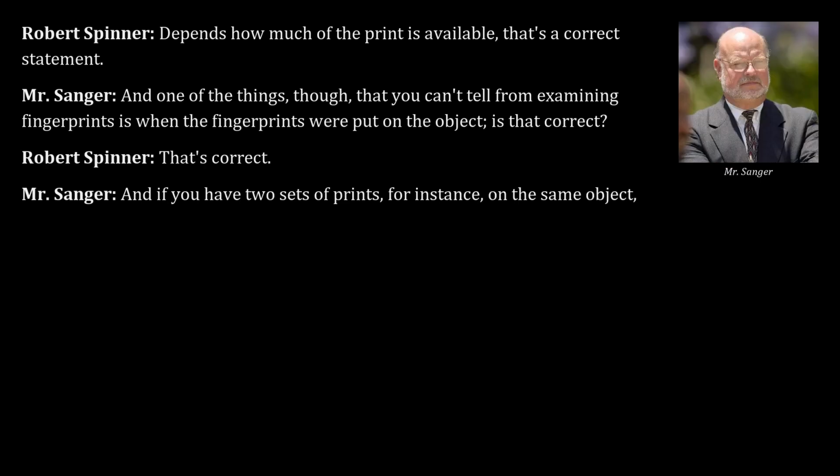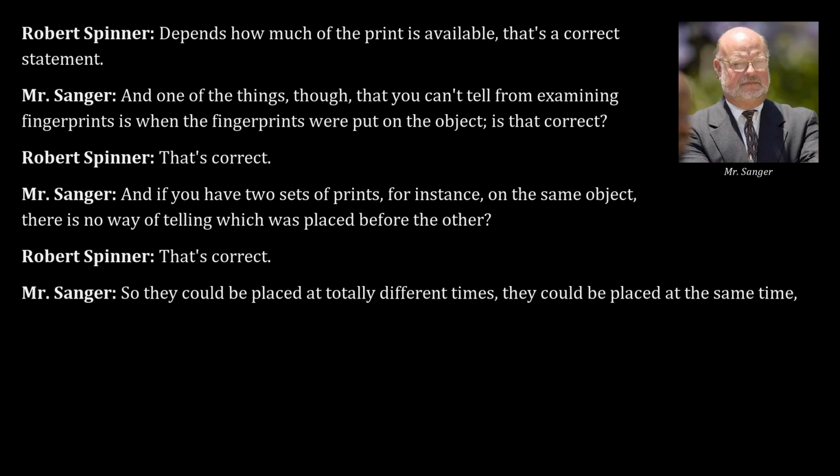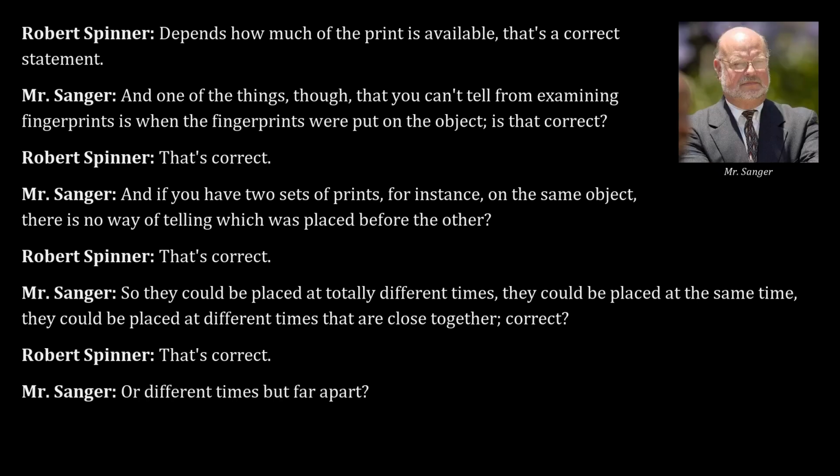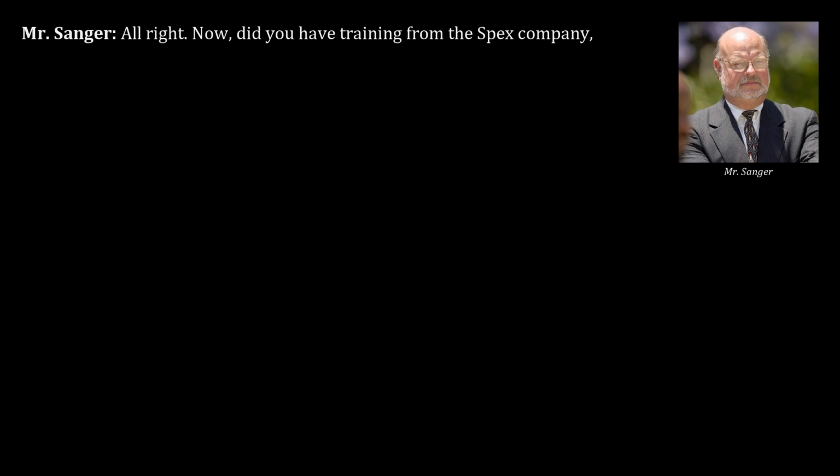And if you have two sets of prints on the same object, there is no way of telling which was placed before the other. That's correct. So they could be placed at totally different times, at the same time, or at different times that are close together, correct? That's correct. Or different times but far apart? Yes, sir.